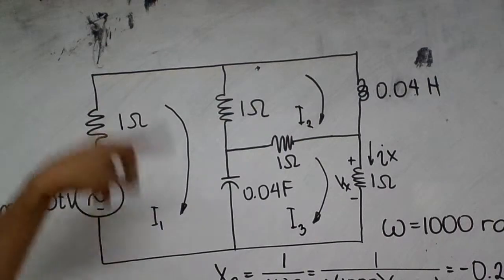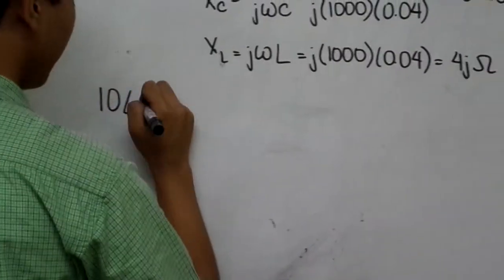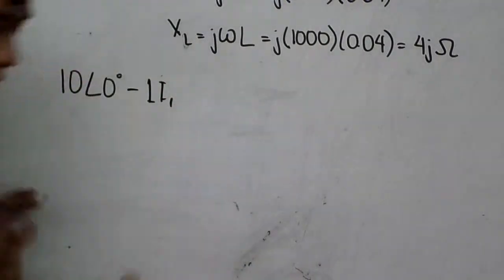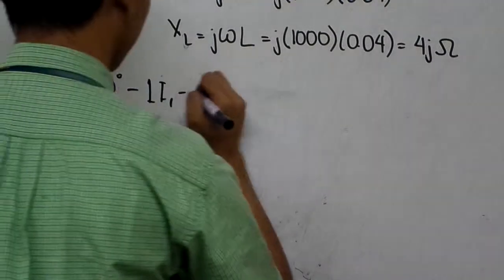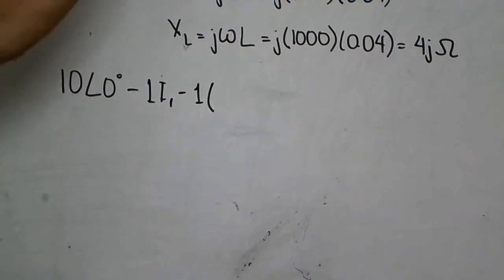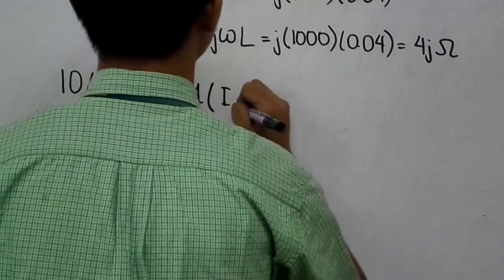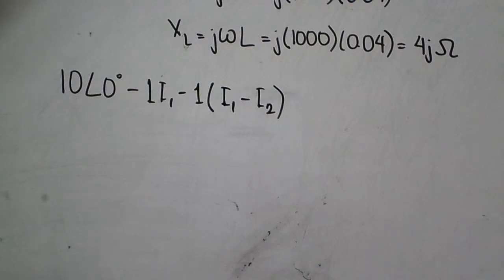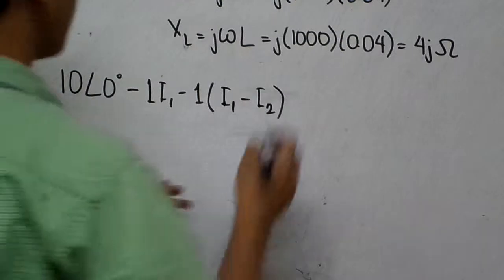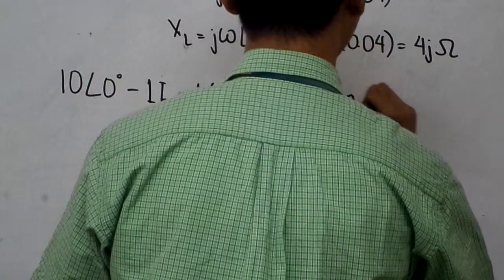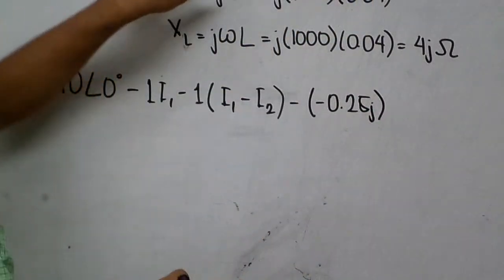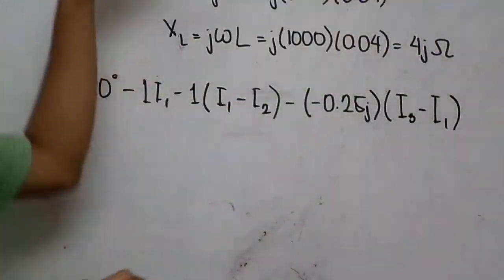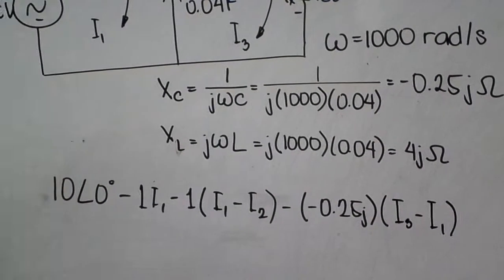For loop 1, we will have 10 angle 0 degrees minus the 1 ohm resistor multiplied by I1, minus another 1 ohm resistor multiplied by the difference of the currents between I1 and I2, which will be I1 minus I2, and then passing through the 0.04 farad capacitor, which has this impedance, minus negative 0.25j multiplied by the difference of the currents between I3 and I1, which is I3 minus I1. Fully forming a loop, we then equate this to 0.